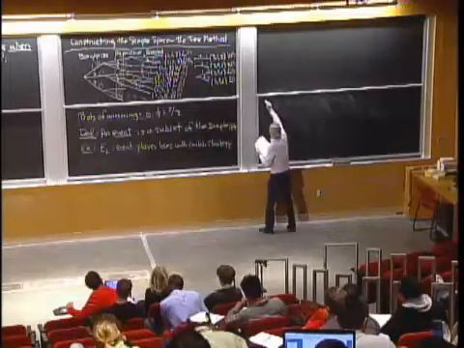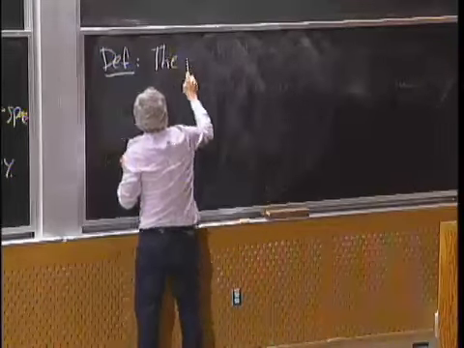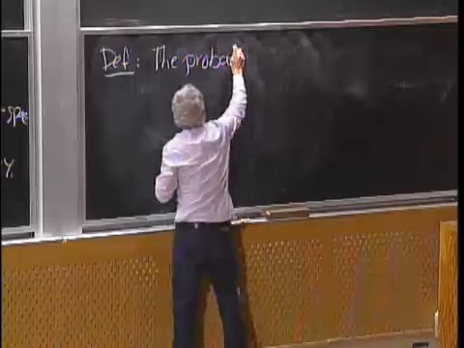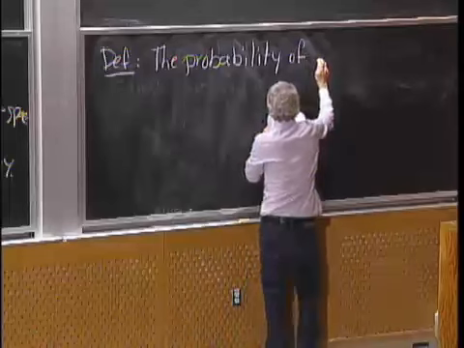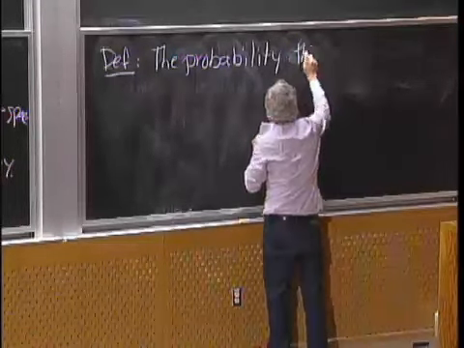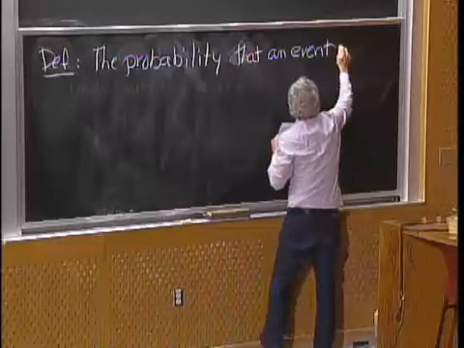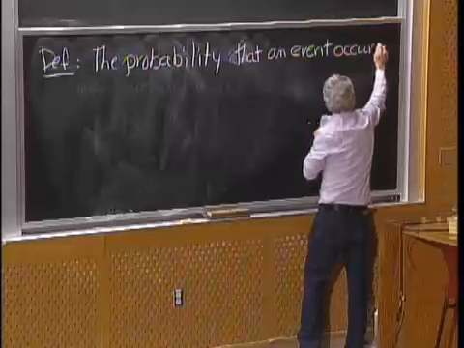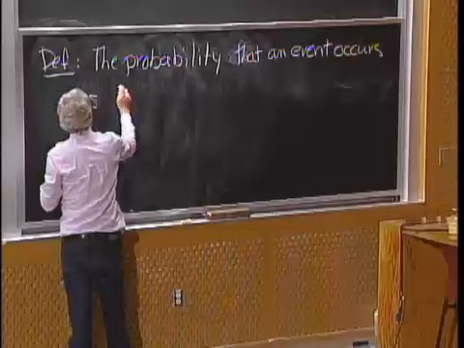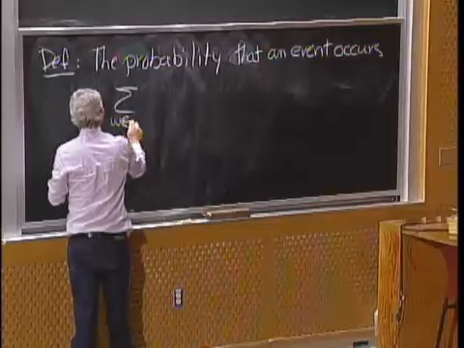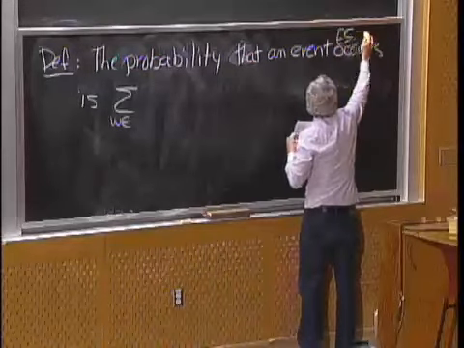Formally, the probability that an event occurs is simply the sum, given an event E, it's a subset of the sample space.